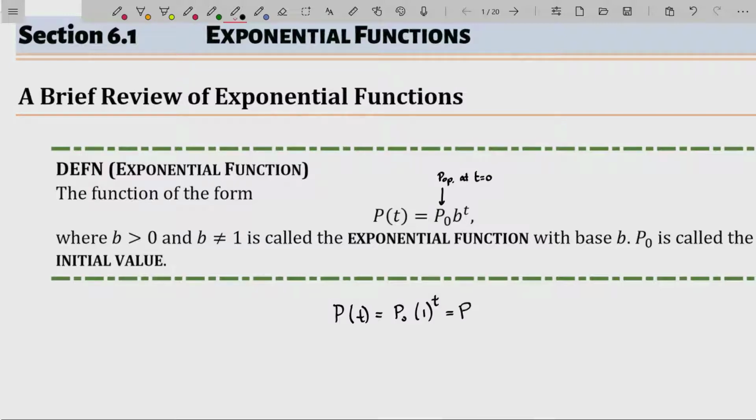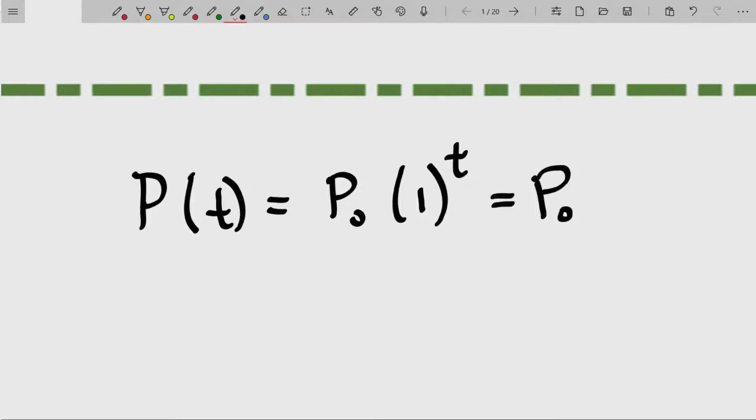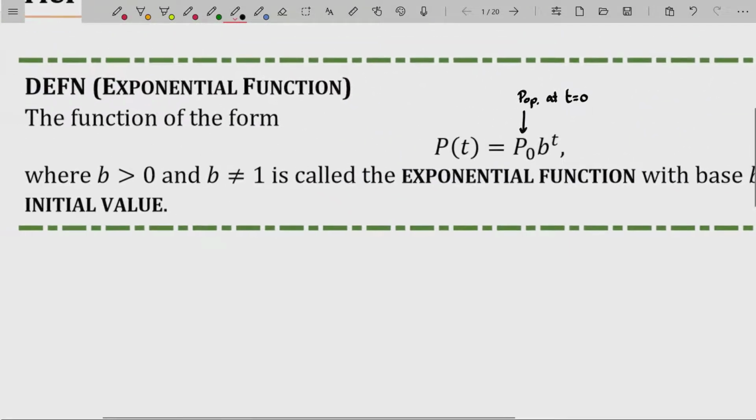And so this would be P naught times 1, or P naught. In other words, this population would never change if the base were 1. So that's why we do not allow the base to be 1, because the population would never grow, nor would it decay.